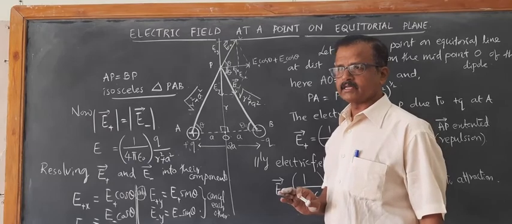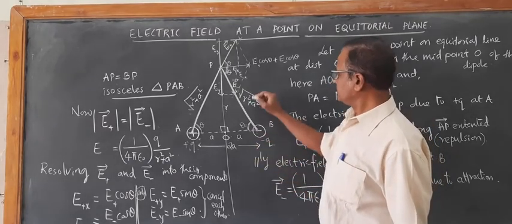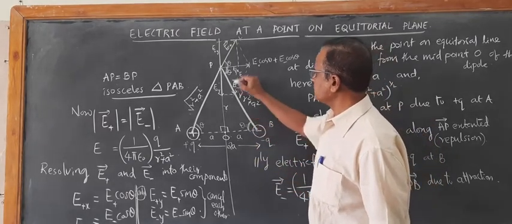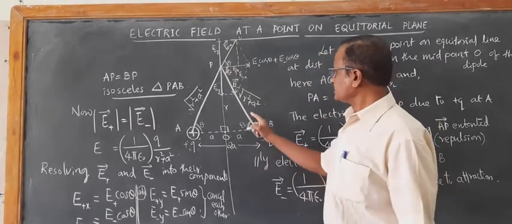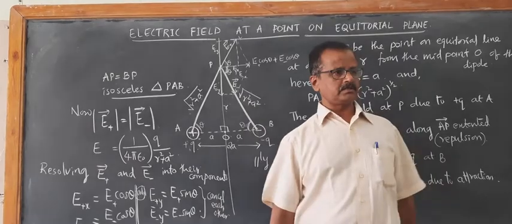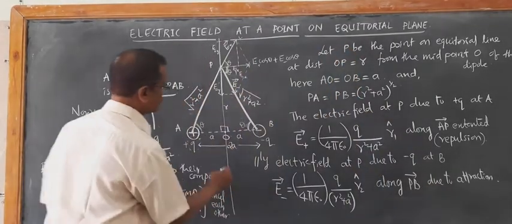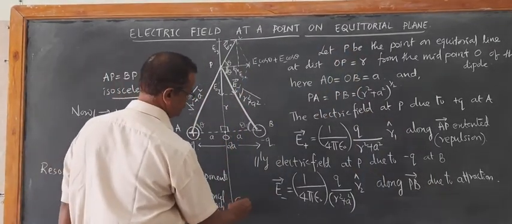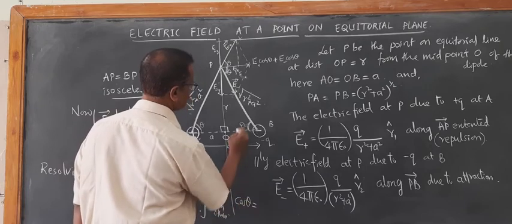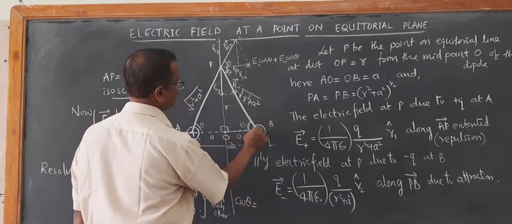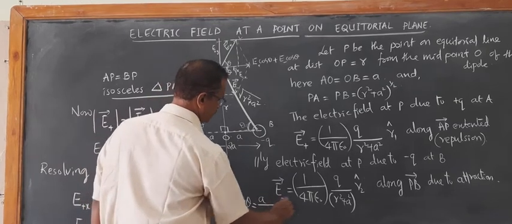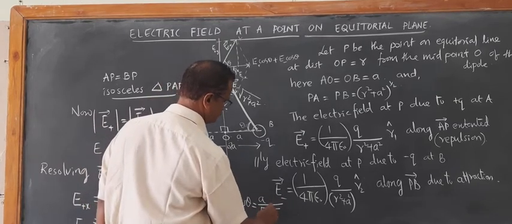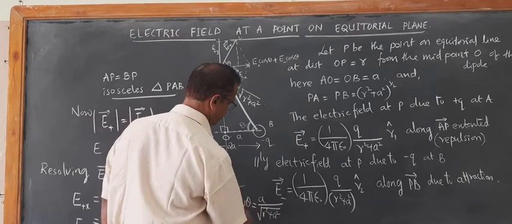Alternate interior angles are equal. So if this angle I am taking as theta, then this is the same as this angle theta. So using this, I can find cos theta. Cos theta is equal to adjacent divided by hypotenuse. Adjacent is a, hypotenuse is the square root of r square plus a square.